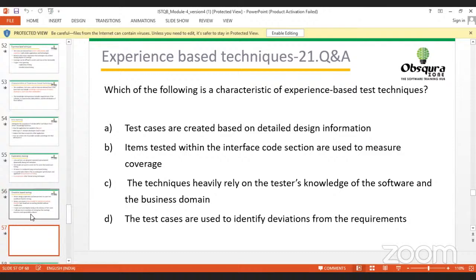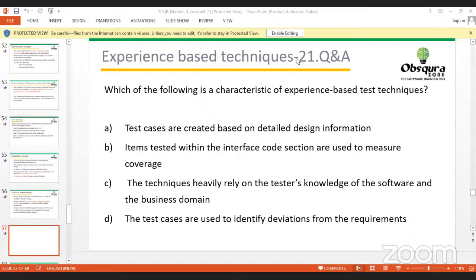Now the question: which of the following is a characteristic of experience-based test technique? Yes, C. I think everyone has got that.